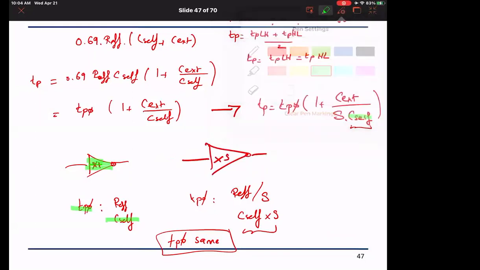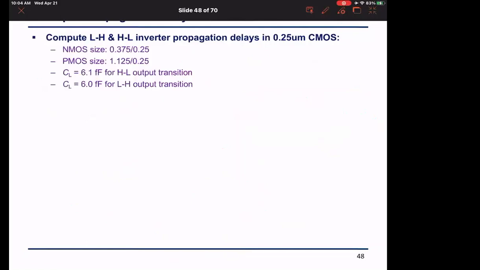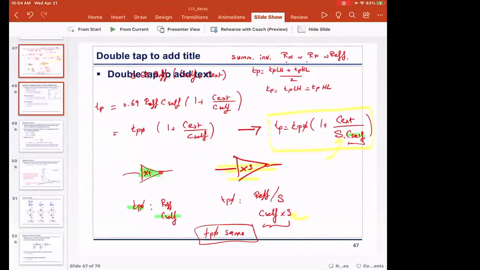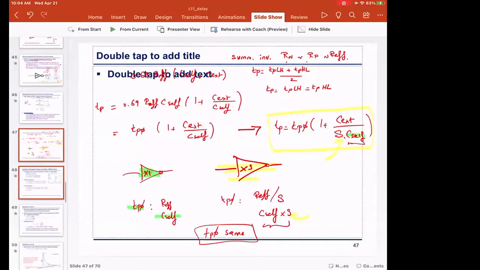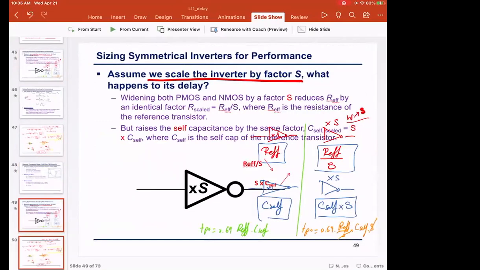Okay, so we found Tp for this one will be equal to this expression, with S appearing due to the fact that C self is multiplied by S. Okay, so we said last time that we are going to size the inverter, and we wanted to see how this is going to affect its internal delay and its external delay.